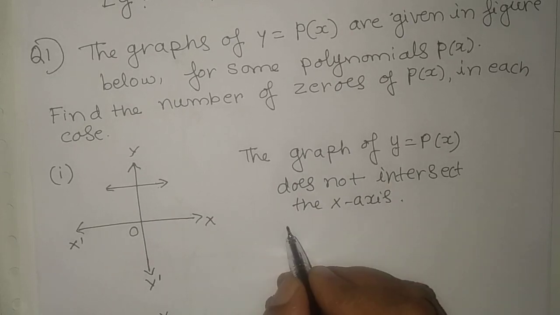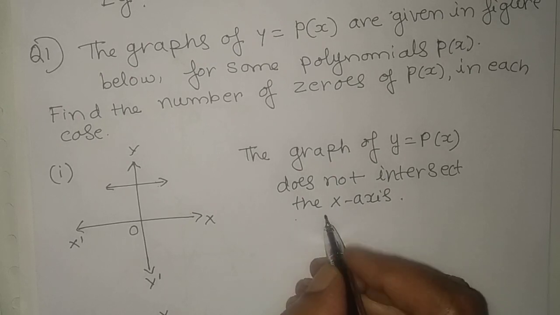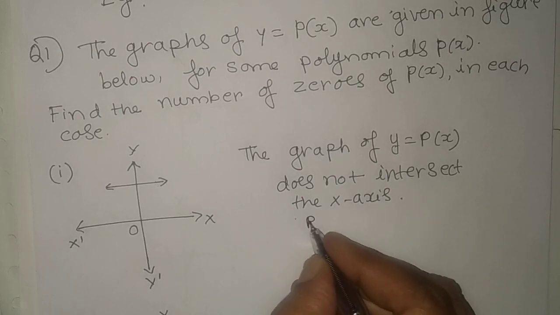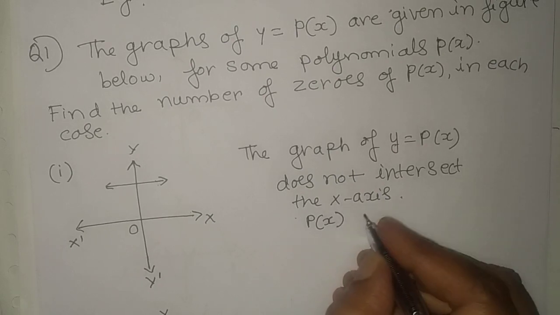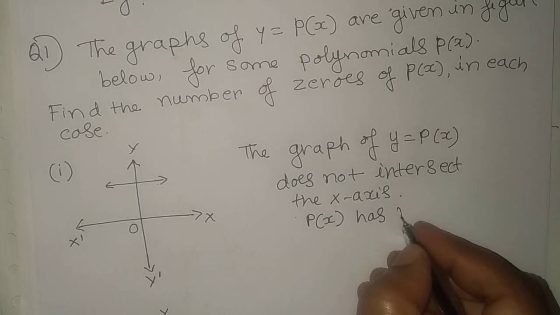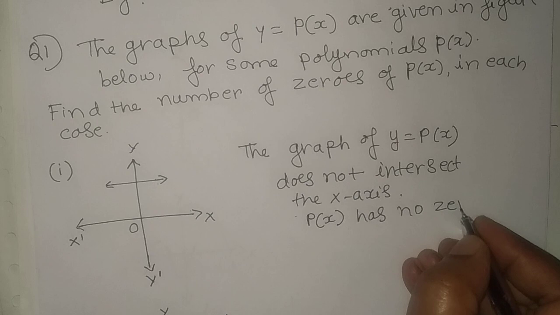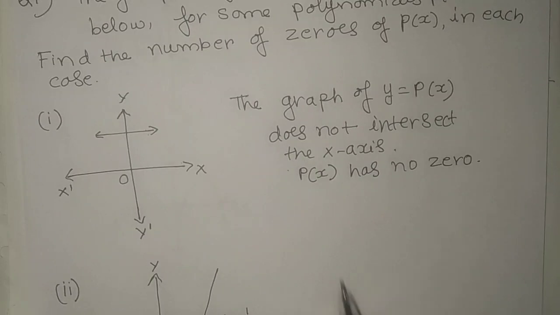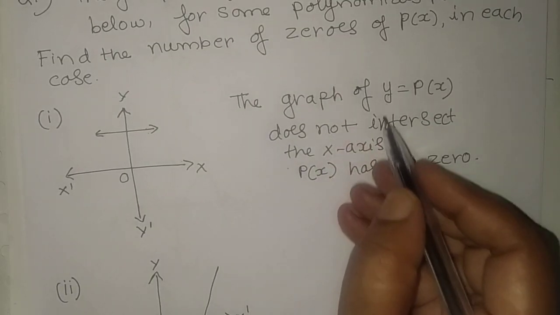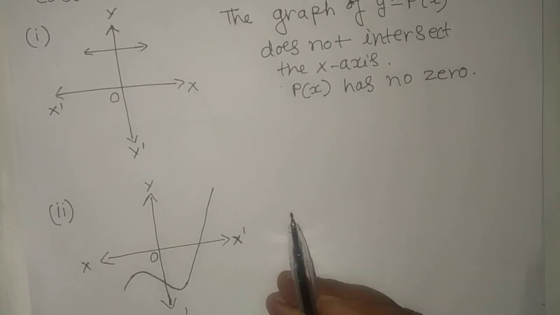So p of x does not intersect the x-axis. We can conclude this as no zero: p of x has no zeros. This is the conclusion. Next we move on to the second problem.